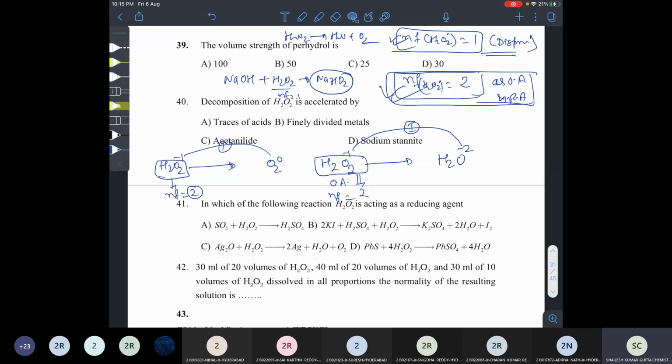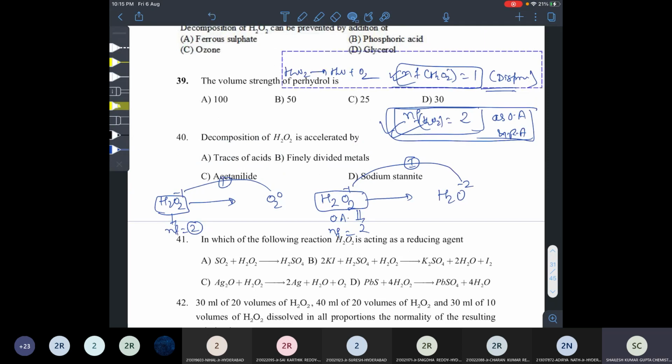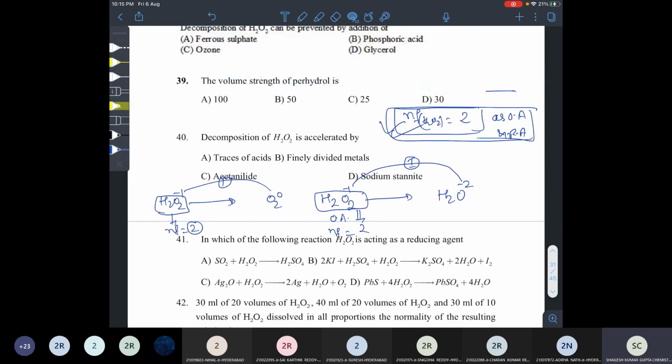So listen, because I am not teaching you the physical chemistry, these things are expected in redox chemistry. Unfortunately, H2O2 is a part of inorganic chemistry, so I am explaining this. But please understand, more depth and more question practice you will be doing there. Here I can just assist you.